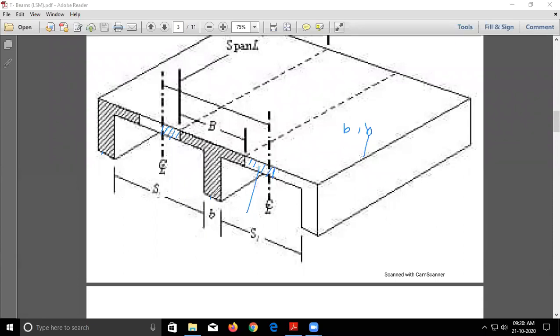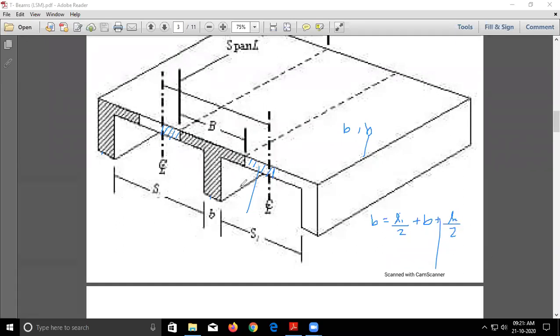In that case, pay attention, the actual width of the flange will become L1 by 2 plus B, which remains as it is, the width of the web, plus again L2 by 2.